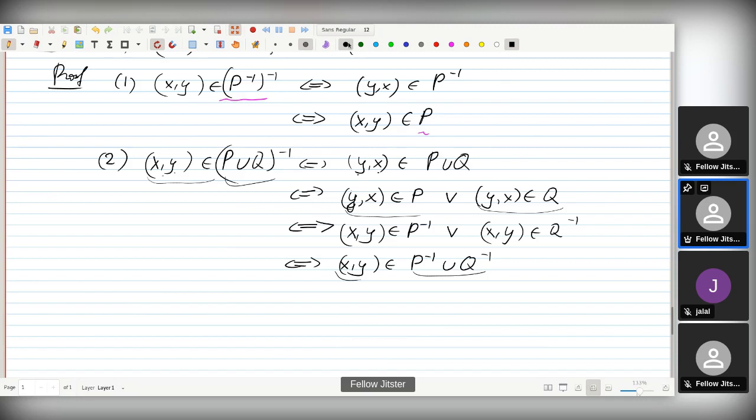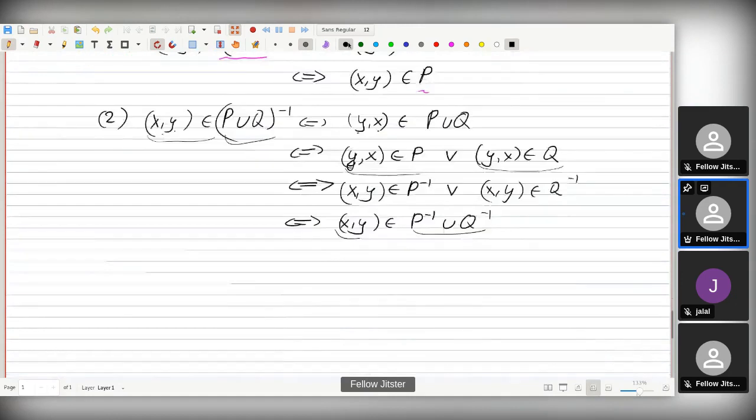No. And as a corollary of this lemma, I can prove that this operation, that of conversion, is, as they say, monotonic. It is monotonic. What does it mean?